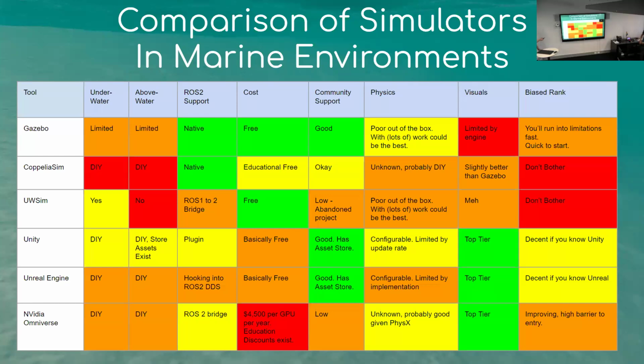One of the features we did use was someone made a real-time buoyancy system that we bought for like $30, and that was the baseline that we used for the buoyancy, and we added onto that some additional features for more realism. But really, that got us like 80% of the way to a nice buoyancy system for just $30.